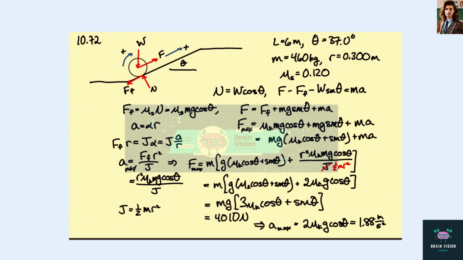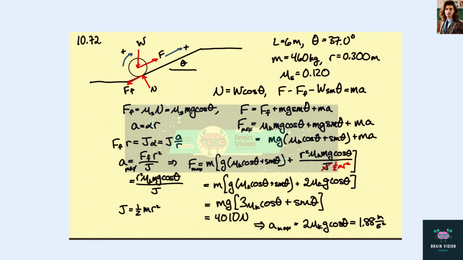Now, we can go back here and plug in our A max, giving A the maximum value that we can. Plugging this in, we can see lots of things simplify. Then use J for the uniform cylinder, 1/2 mr squared.